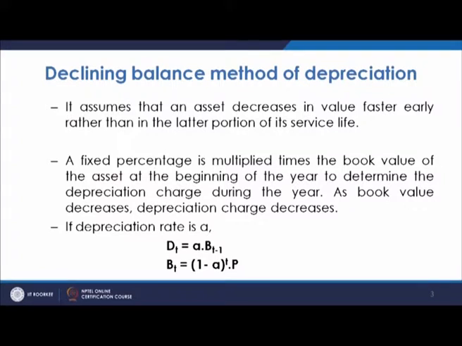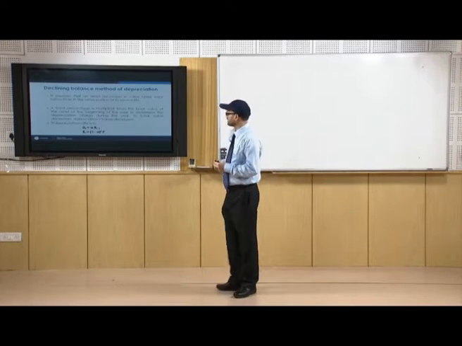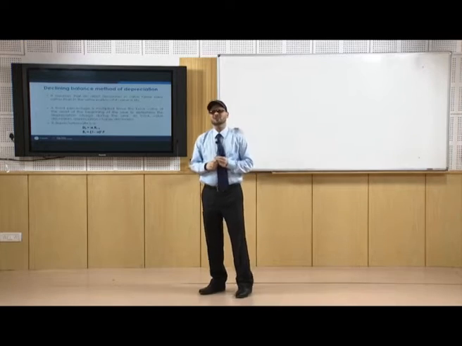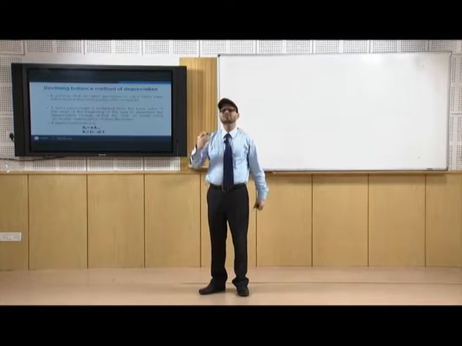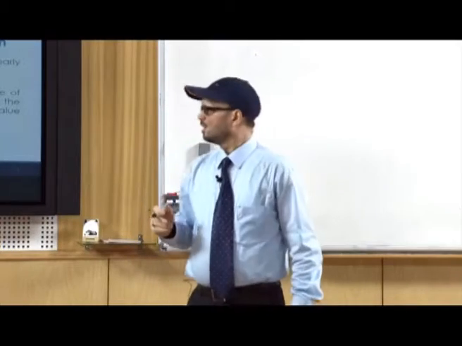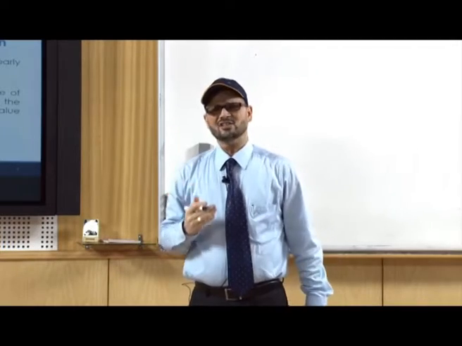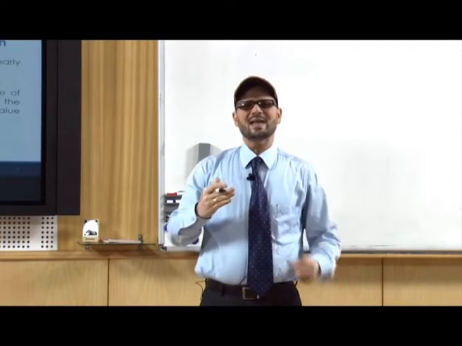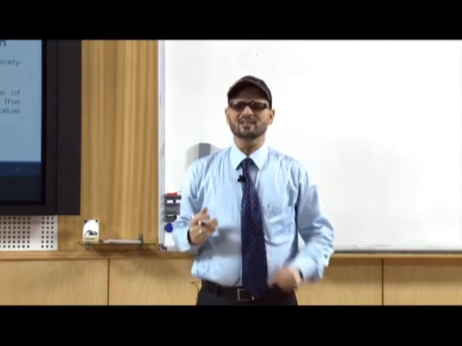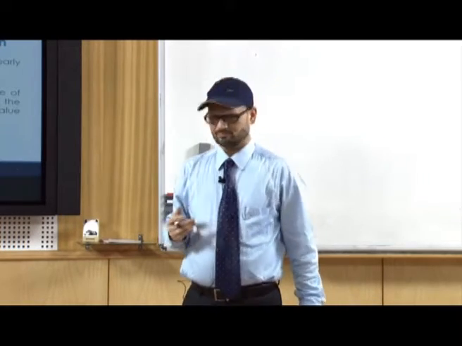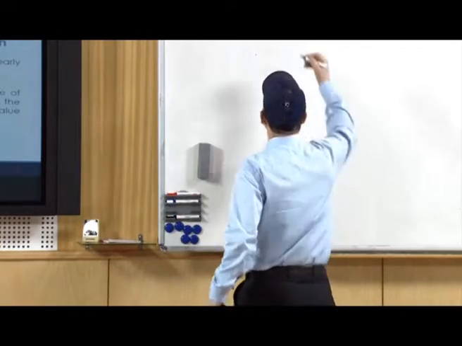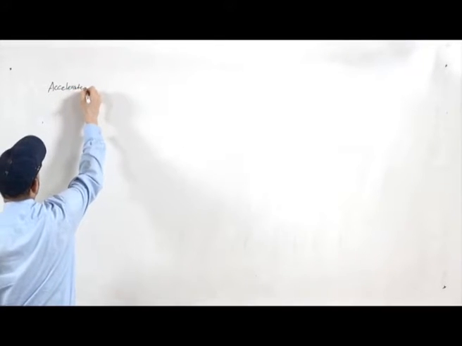Now, we will discuss another method of depreciation, that is the declining balance method of depreciation. We discussed the straight line method, where the amount of depreciation is uniform. Now, in many cases it is assumed that the depreciation during the early years should be larger. So, these are known as accelerated methods of depreciation.